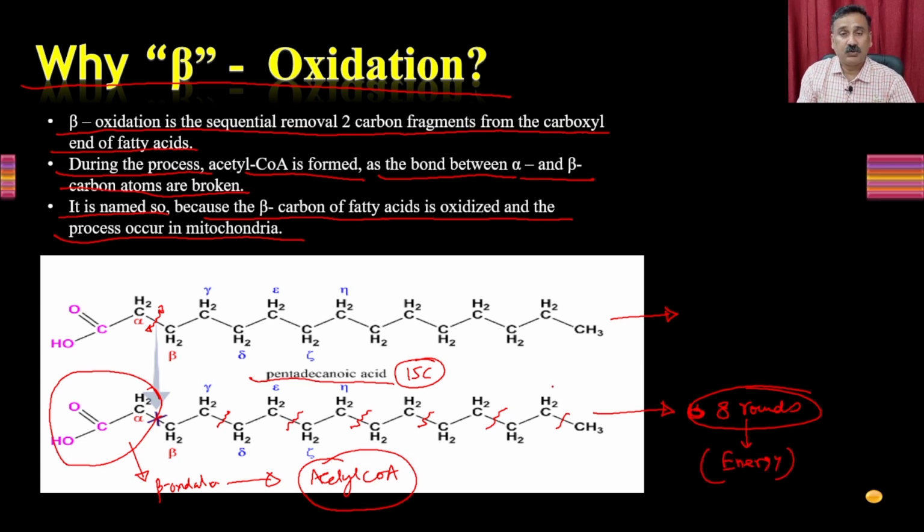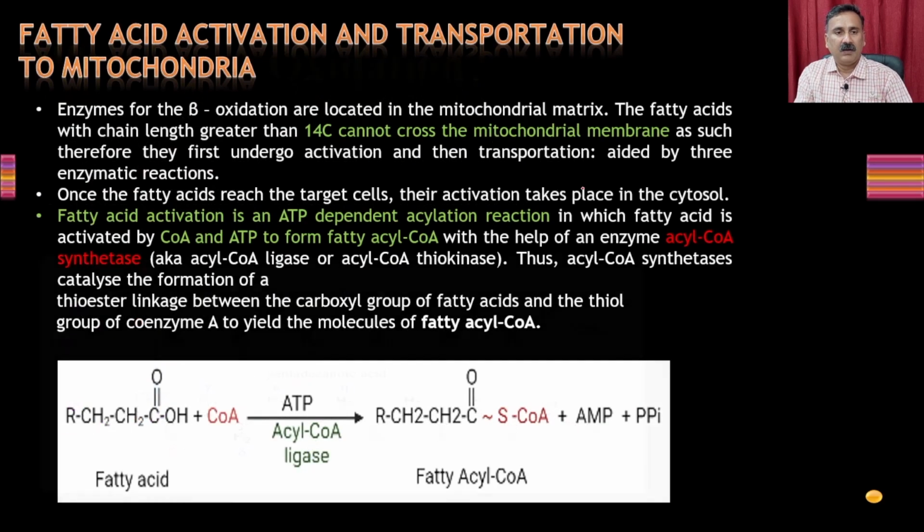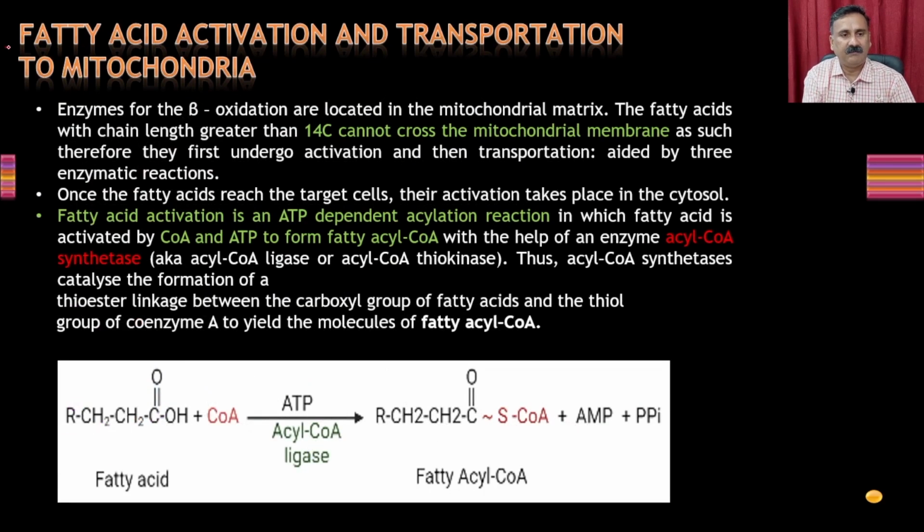One of the major crucial steps is that you take this particular degradation product and transport that fatty acid into the mitochondria, because beta oxidation occurs inside the mitochondria. So the first step is fatty acid activation and the transportation into the mitochondria.